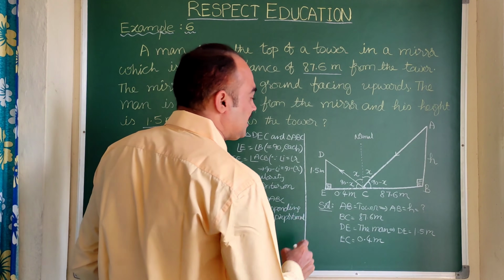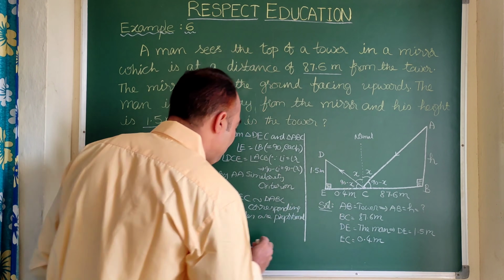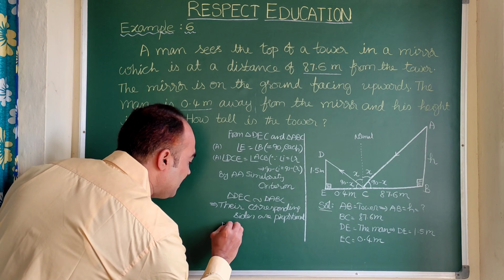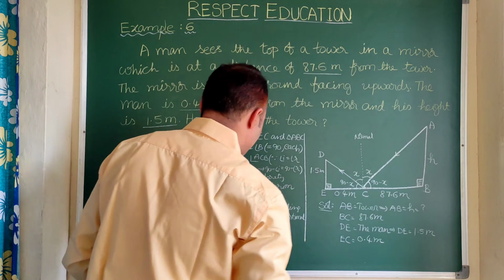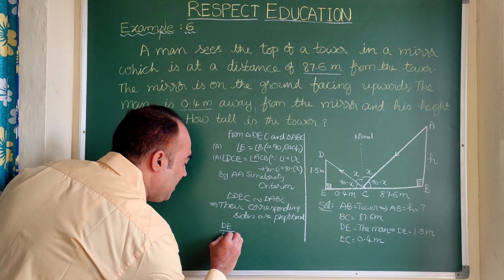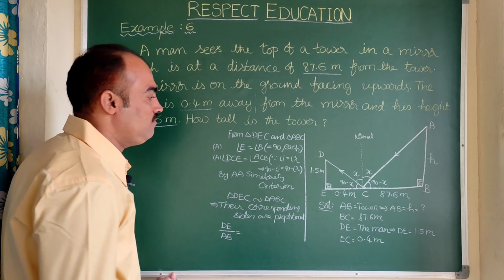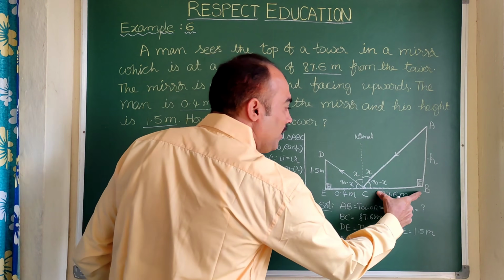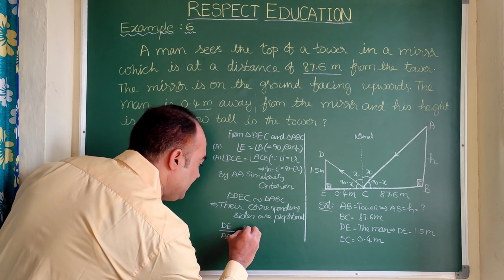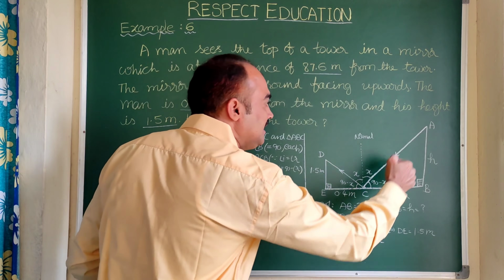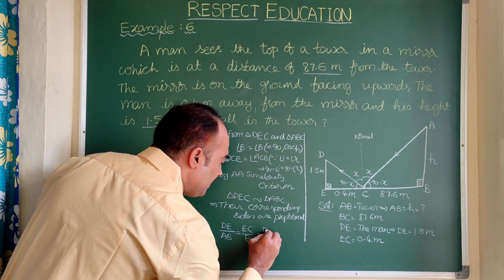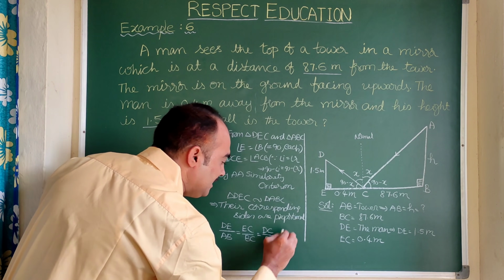So here let us consider corresponding sides. For DE the corresponding side is AB. So DE by AB is equal to EC by BC, which is equal to DC by AC.